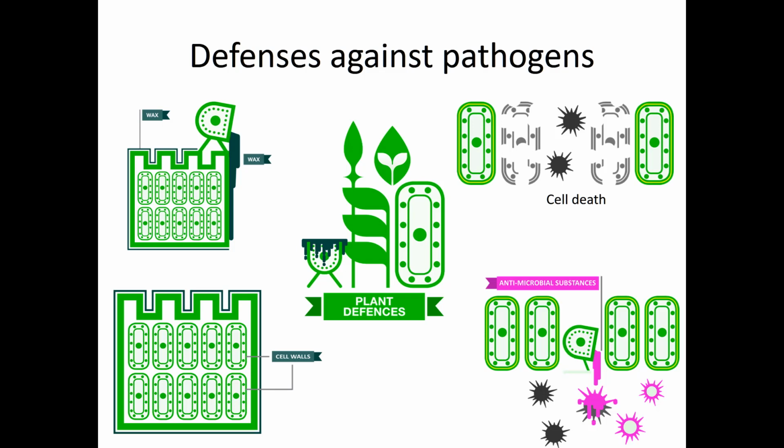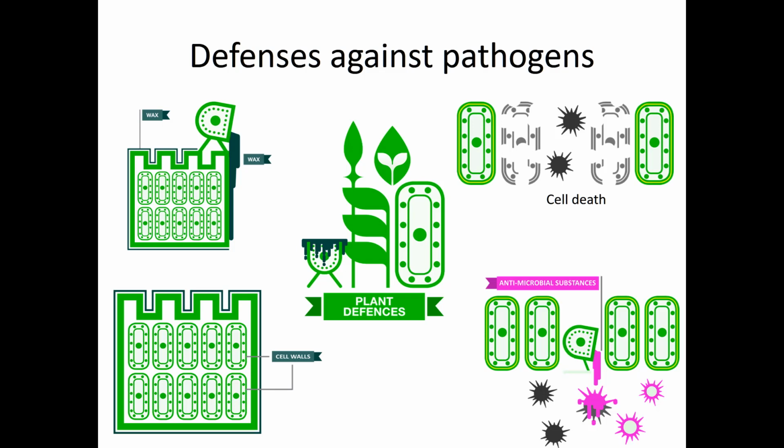Because plants are much more modular than humans or animals in general, they're able to shut down the spread of disease through basically killing off tissue. They could senesce leaves and drop those leaves off, or at a cellular level they could just kill off select cells, which should then also kill off the pathogen within those cells.